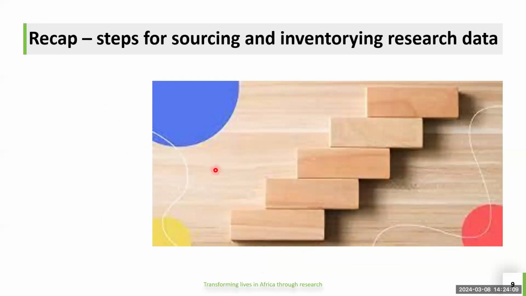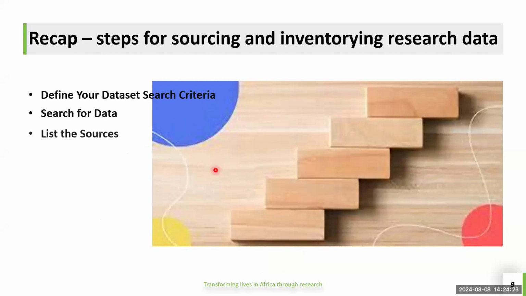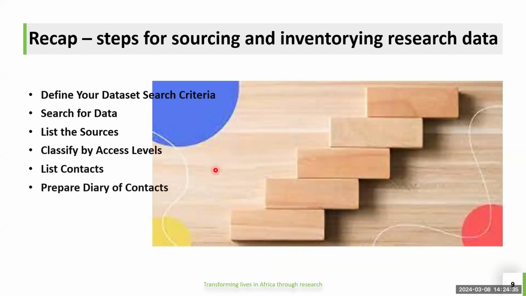So just as a recap, you define your search criteria. Once you have defined search criteria, you then search for the data. You list the different sources. You classify their access levels. You keep track of the contacts related to each of the data sets as needed, and then you prepare a diary of contacts.